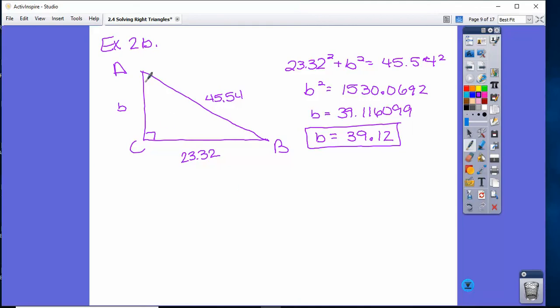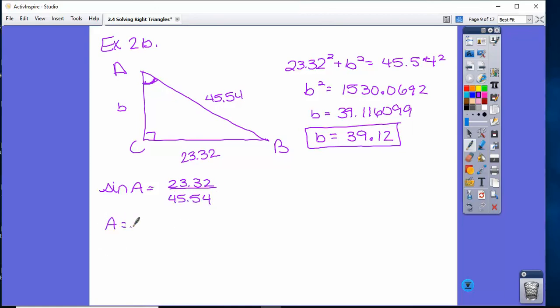Let's say I wanted angle A. From angle A, 23.32 is opposite, 45.54 is hypotenuse. So what trig function involves this? Sine. So I could say the sine of angle A equals the opposite over hypotenuse.